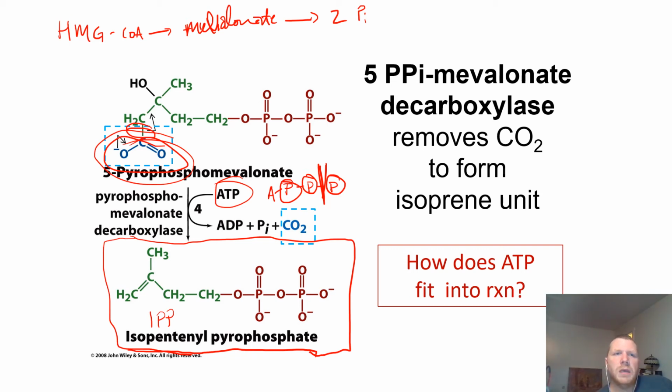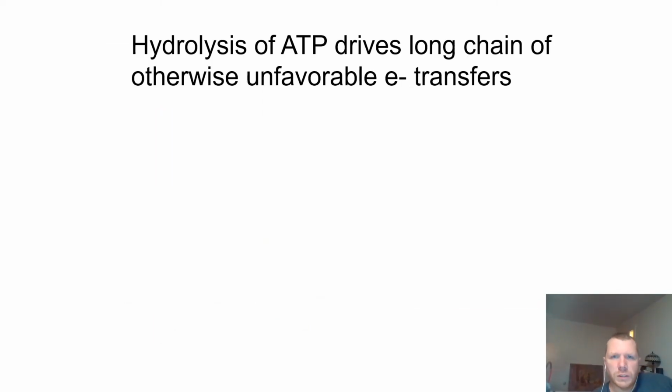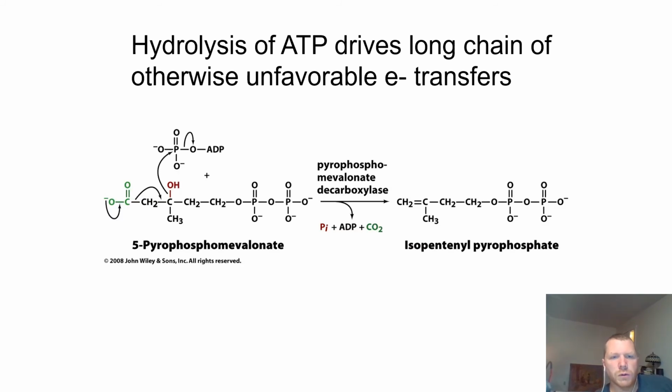Now, what that means is that we're coupling the hydrolysis of this phosphodiester bond with the removal of a CO2. It's kind of like the opposite of a ligase. A ligase is an enzyme where we use ATP hydrolysis to make another bond. In this case, we're using ATP hydrolysis to break a bond. So hydrolysis of ATP drives a long chain of otherwise unfavorable electron transfers.